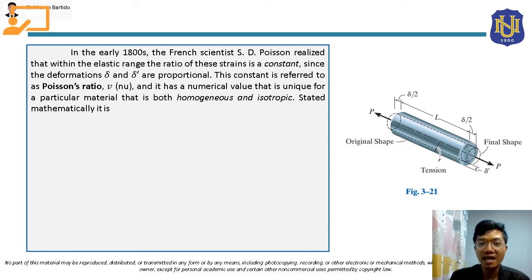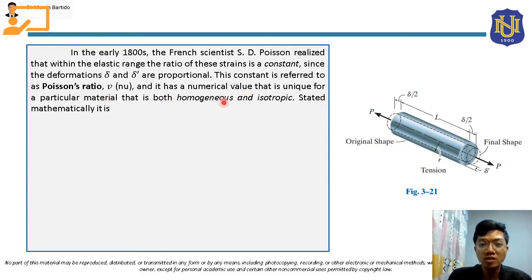This constant is referred to as Poisson's ratio, denoted as the small Greek letter nu.